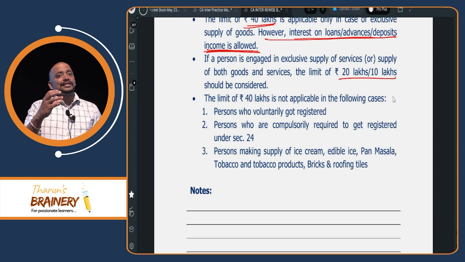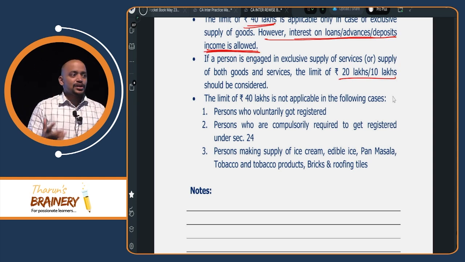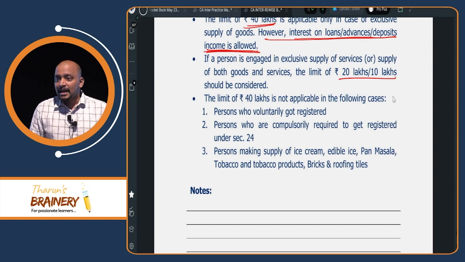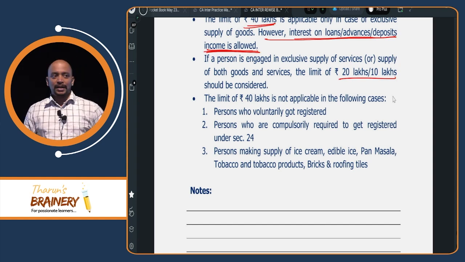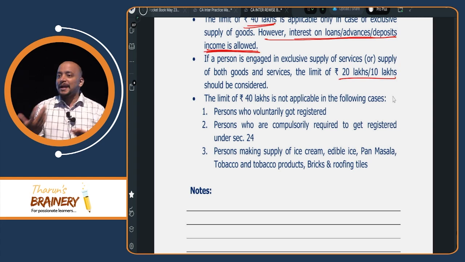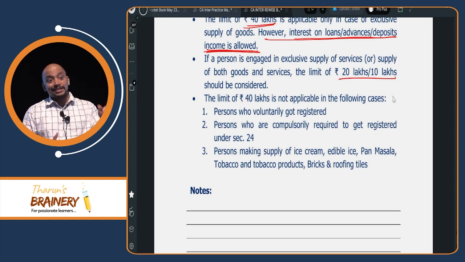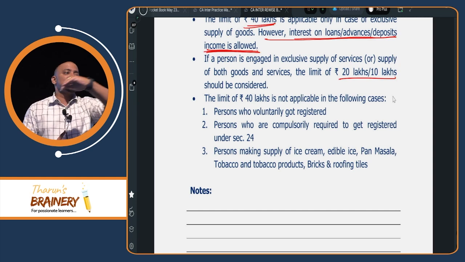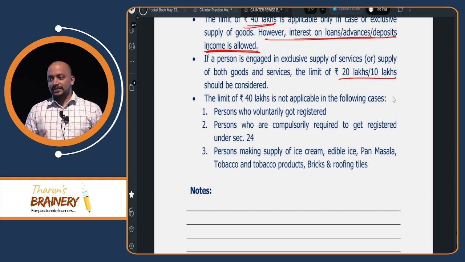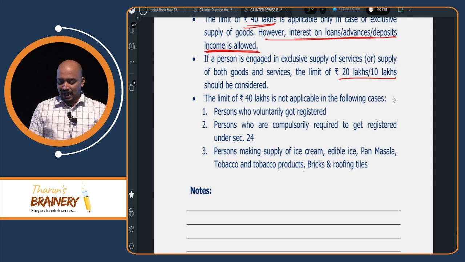It is not that easy to earn money there because that is a backward region and their economic activity is not there. Money is not there with the people, so they will not be able to spend that much. They depend mostly on natural resources. So earning 10 lakhs itself is very difficult there. That is why the limit has been reduced to 10 lakhs. Got it? That is the reason behind it.